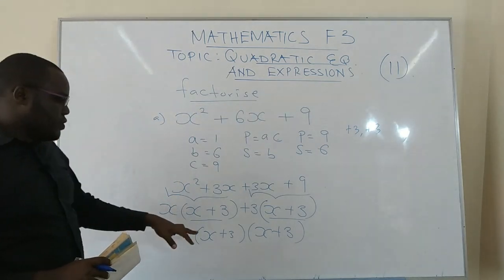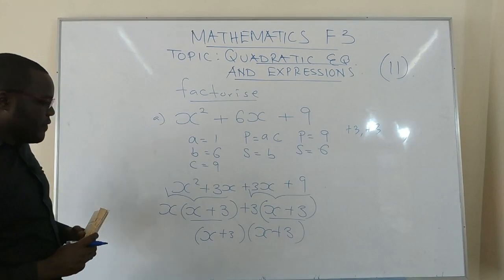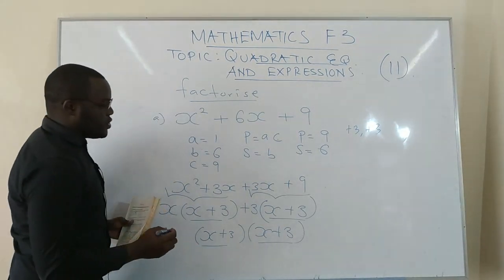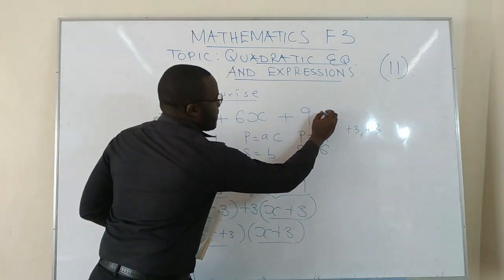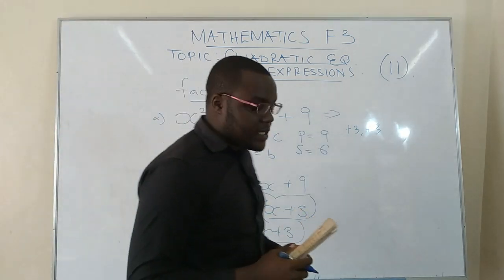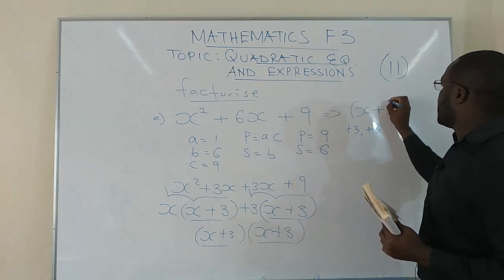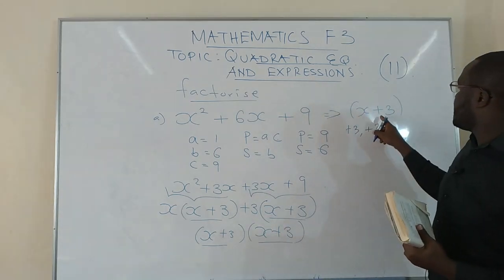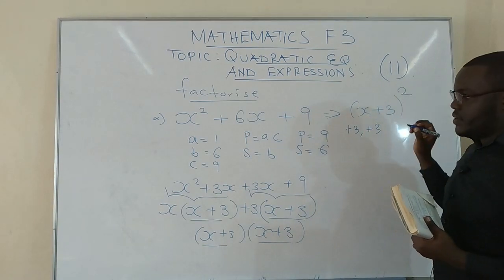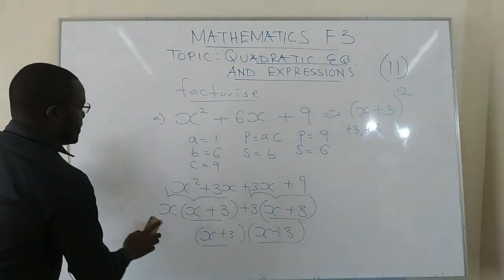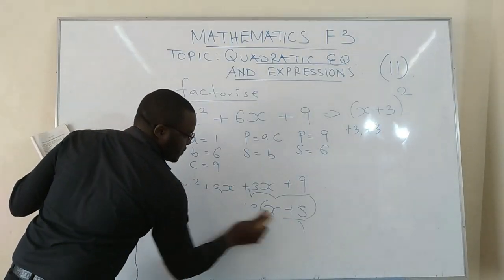And I want you to look at the answer, which is a very unique answer in that these two numbers are the same. In short, it's as if the answer is giving us x plus 3 repeated twice. So we call it x plus 3 squared. Let me take another example just next to this one.